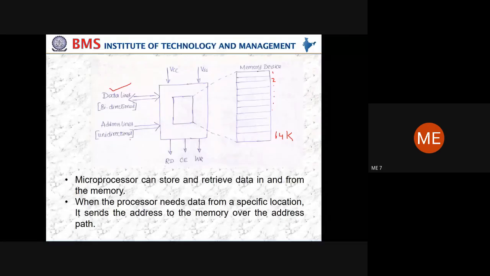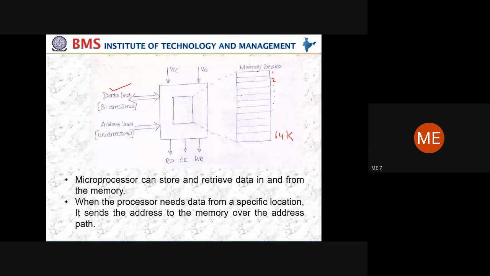In the initial stage, you write the addresses for all these locations using the address line. The microprocessor can store and retrieve data in the memory, and when the microprocessor needs data from a specific location, it sends the address to the memory over the address path.